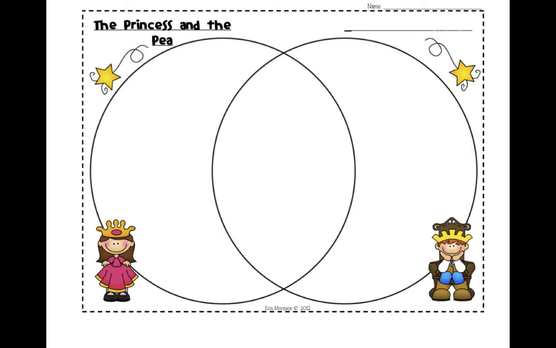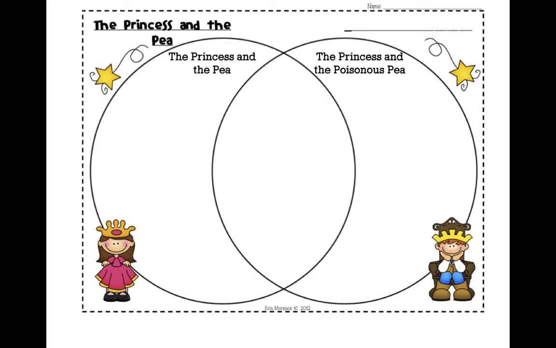Are you ready? Okay, I'm going to get started now. So the first thing you want to do is label each side of your circles so that you know what to write in each circle. I made the left circle The Princess and the Pea, which is where I'm going to put all of my points that were only in The Princess and the Pea.